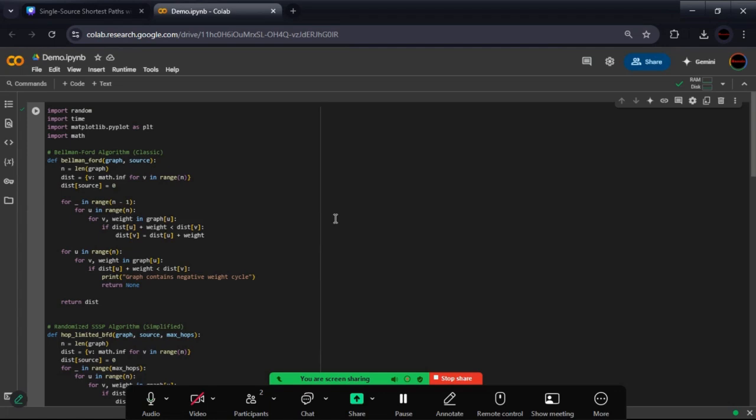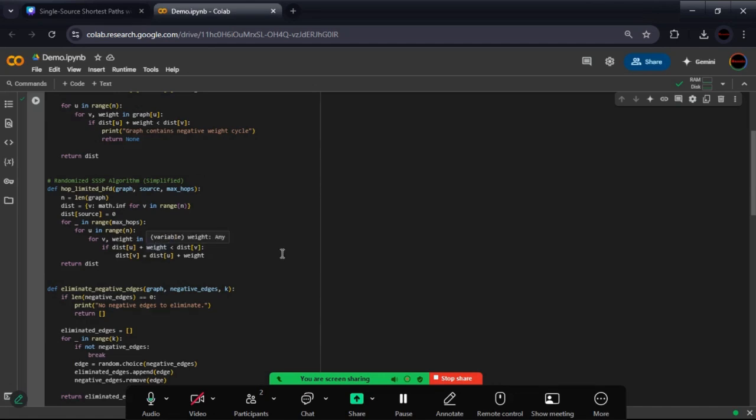It basically works by initializing the distances to infinity, except the source, which is obviously set to 0, and all the rest are set to infinity. Then it repeatedly relaxes the edges, which means it updates the shortest path n minus 1 times. After the main loop, it checks if there's any negative cycle. The output it returns is the shortest path distances, or none if a negative cycle is detected.